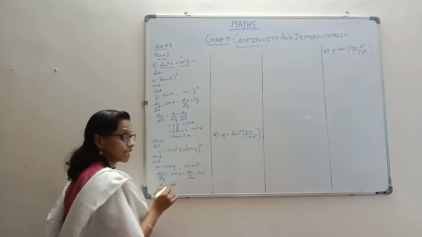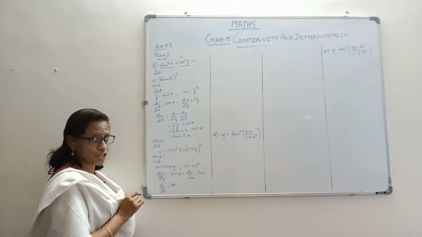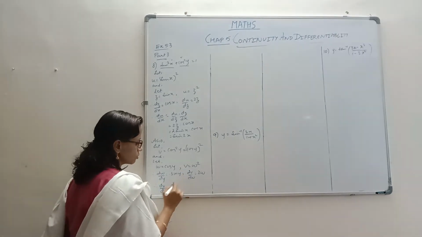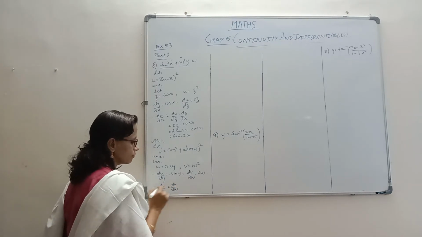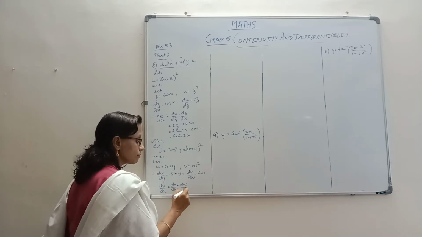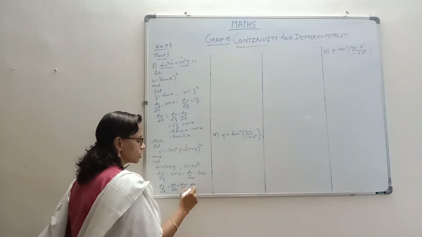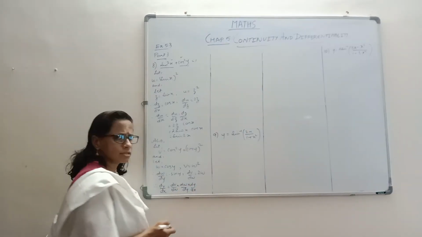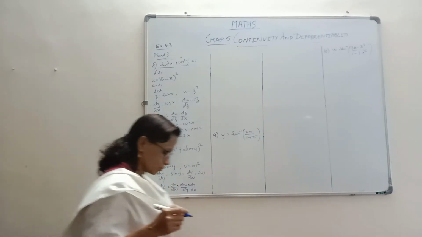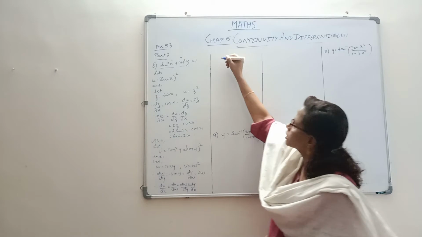For that we are using a clever and intelligent rule, the chain rule. How? dv is with respect to w, so dv by dw, and dw is with respect to dy, but we want it with respect to x, so dy with respect to dx. That's all, chain rule. Now we'll put all these ingredients together. So what is dv by dx?